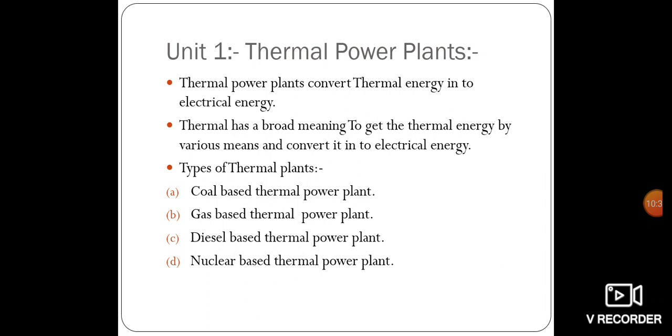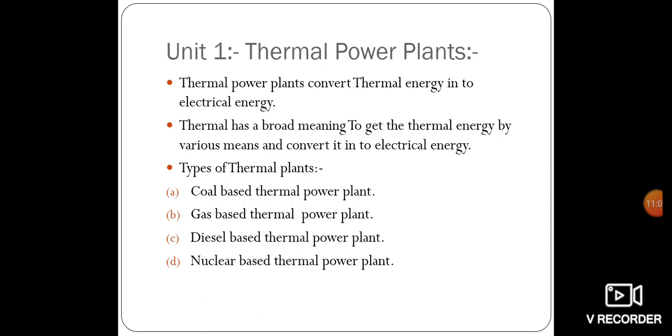Heat energy is used to generate electricity in case of thermal power plants. There are different types of thermal power plants. Based on the construction and the type of fuel used, they are classified into 4 types: coal based thermal power plants, gas based thermal power plants, diesel based thermal power plants, and nuclear based thermal power plants.